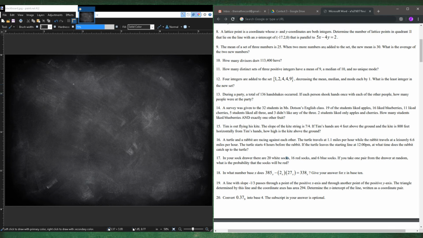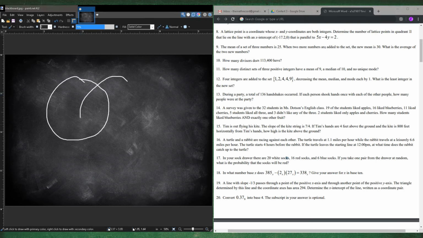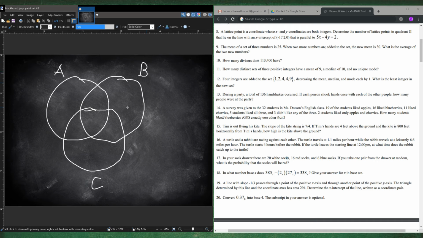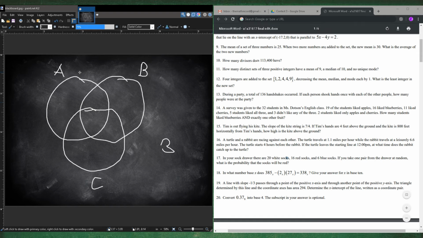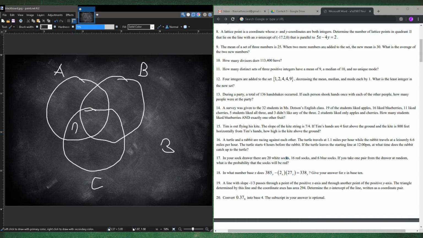So we're going to make a Venn diagram. It's a Venn diagram like this. We have apples with A, blueberries B, and cherries, which is C. So we have 32 students, and 3 of them didn't like any of them because that's what it said, and 2 students like only apples and cherries. 5 students like all 3, so 5 are here.